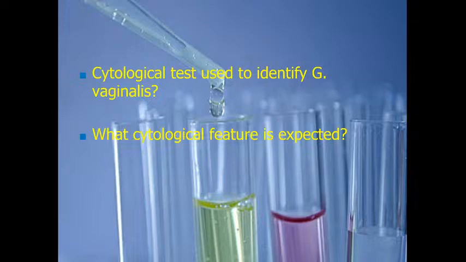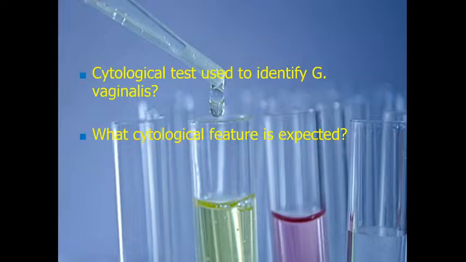Now, let's talk about the cytological test used to identify Gardnerella vaginalis: pap smears. What cytological feature we're looking for is clue cells. So what are clue cells?